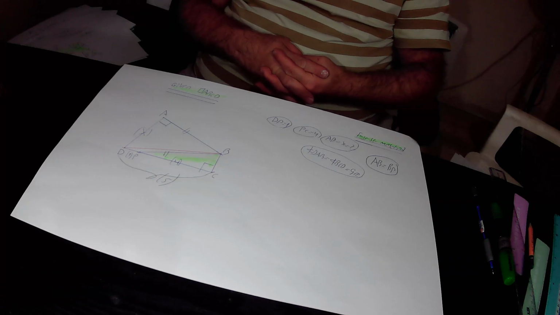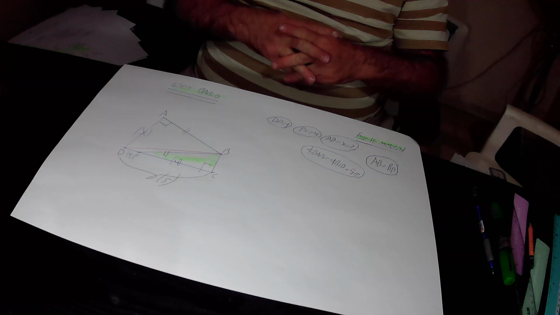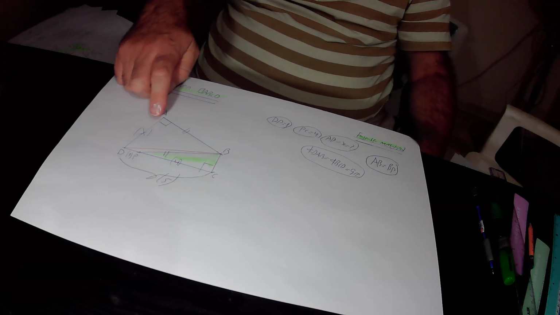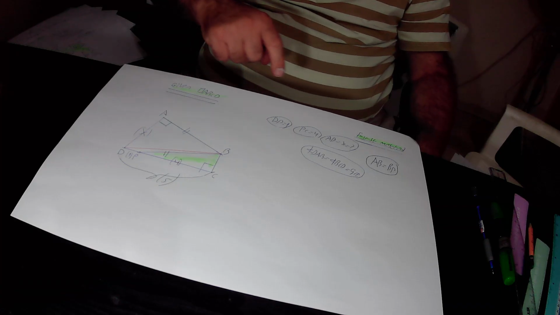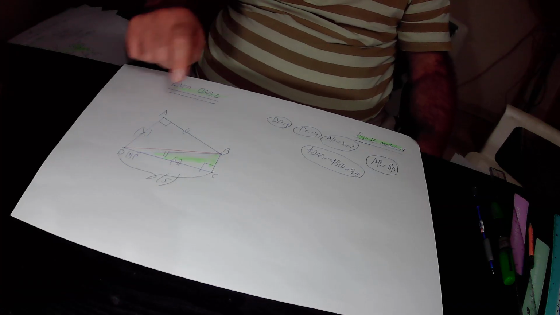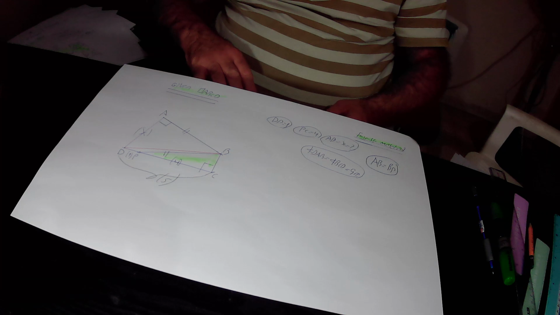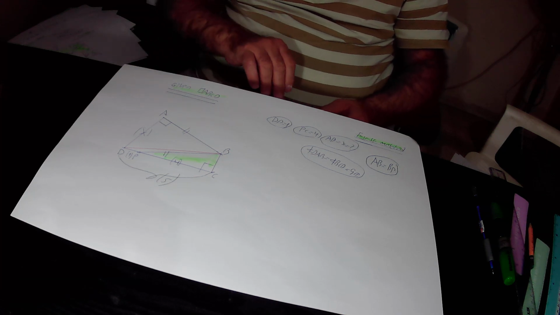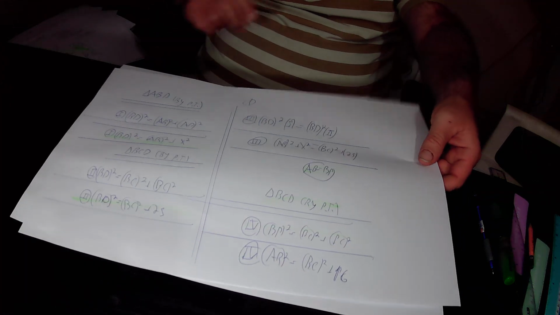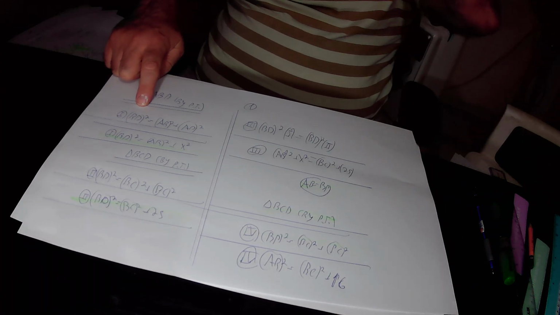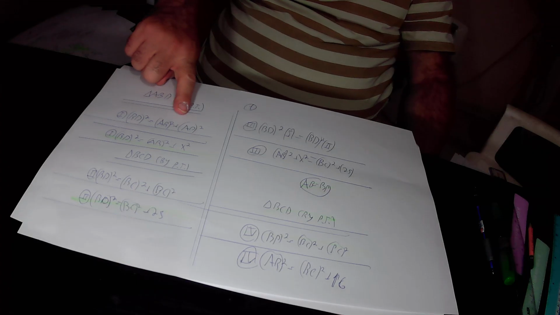According to the Pythagorean theorem, in any right triangle, the square of the hypotenuse equals the sum of the squares of the perpendicular sides. First we apply it on this right upper triangle ABD. BD squared, the square of the hypotenuse, equals AB squared plus AD squared.